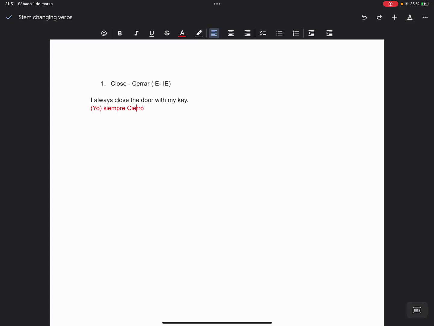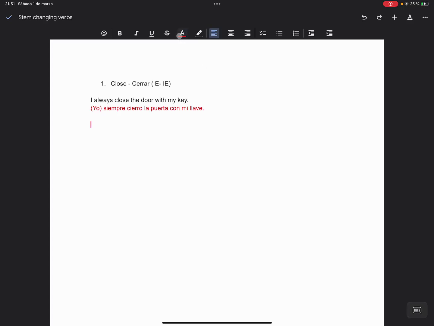So it's cierro. Yo siempre cierro la puerta con mi llave. I always close the door with my key.